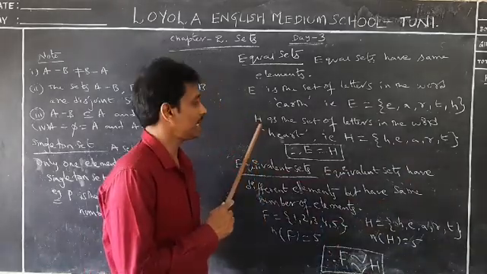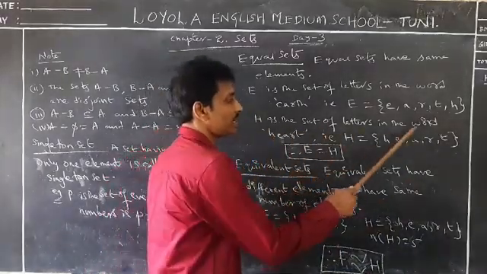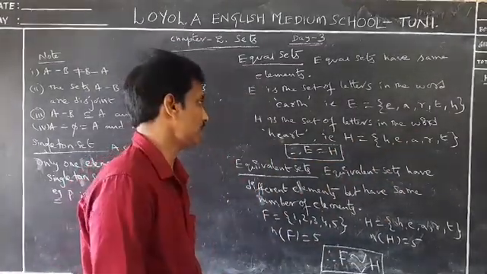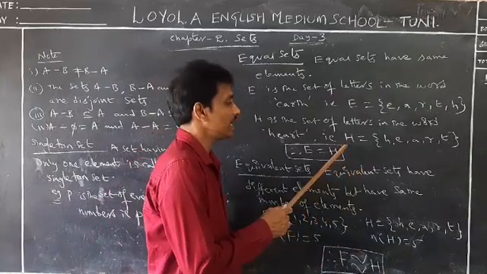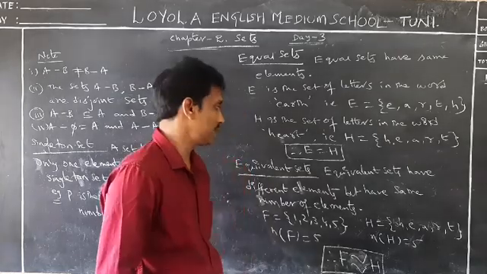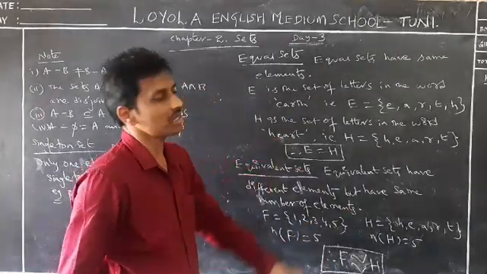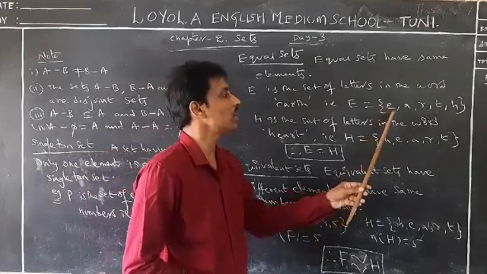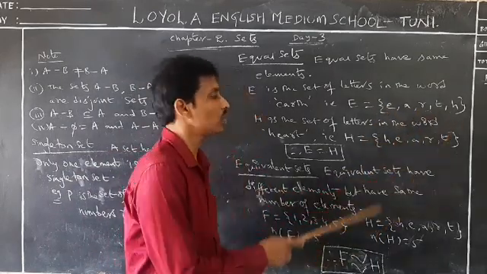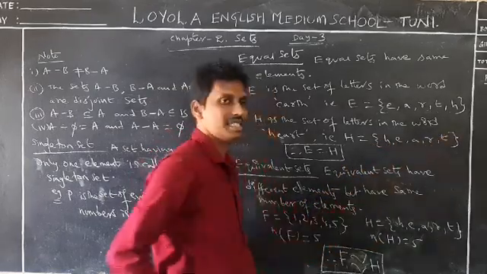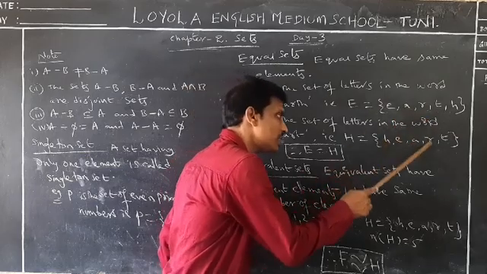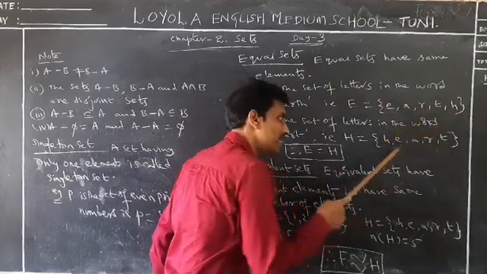And there is another set H. H is the set of letters in the word heart, H-E-A-R-T. H is equal to the set of all H, E, A, R, T. If you observe these two examples, E is present in both the sets, A is present in both, R is present, T is present, and H is also present.